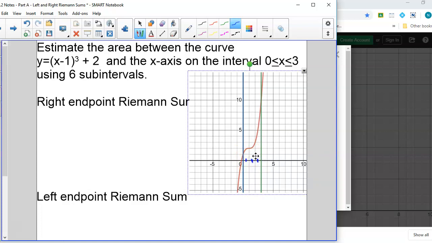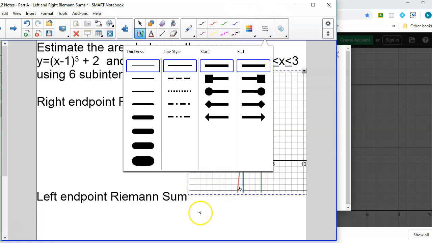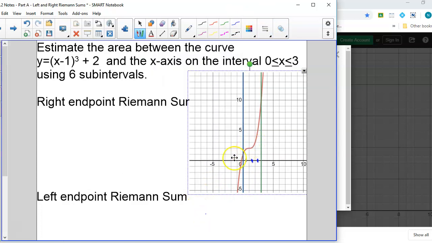I wish it was a little bit bigger, but this wouldn't fit. So when I do a right endpoint Riemann sum, it's going to look like, oh, I'm doing it wrong. Hold on. It would be like this.